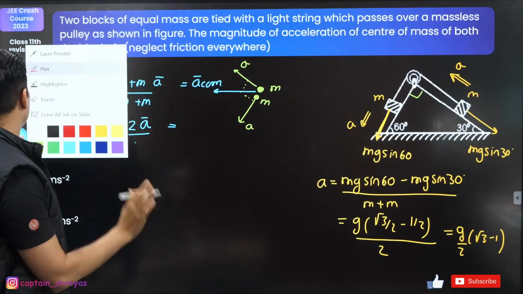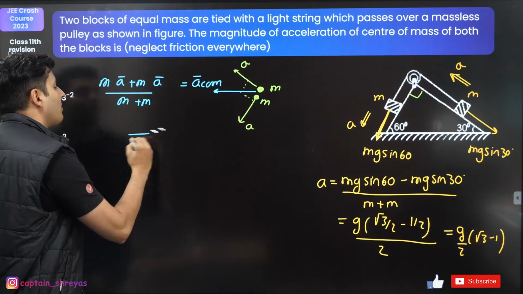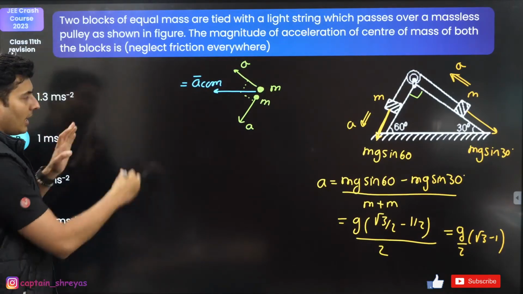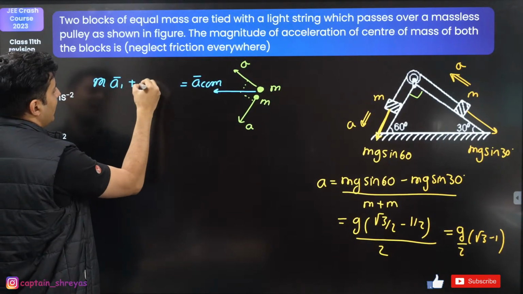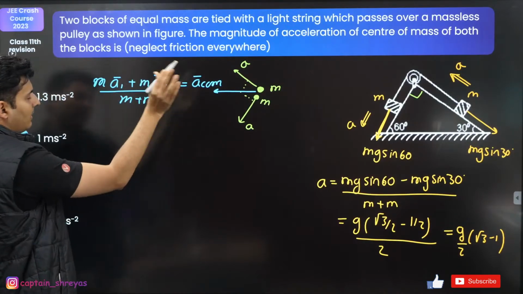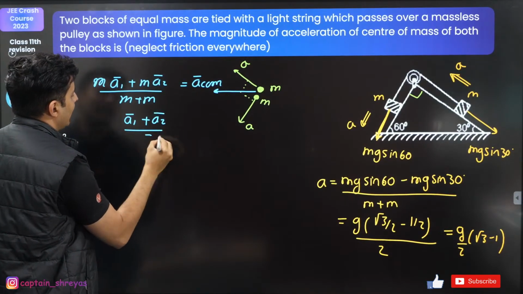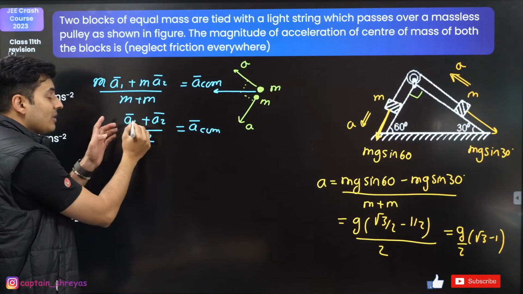Oh, wait a minute. Sorry. Accelerations are equal in magnitude but not in direction. So it will be wrong to say that I will put a bar and a bar. That's wrong. So it will be m a1 bar plus m a2 bar upon m plus m. M will cancel. So it will be a1 bar plus a2 bar divided by 2 is the acceleration of center of mass.